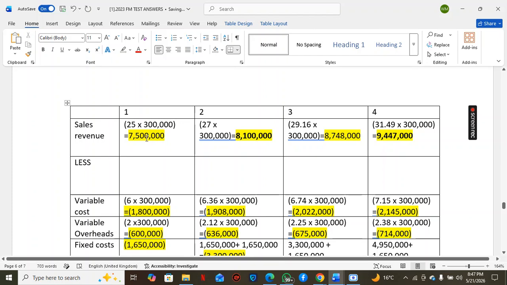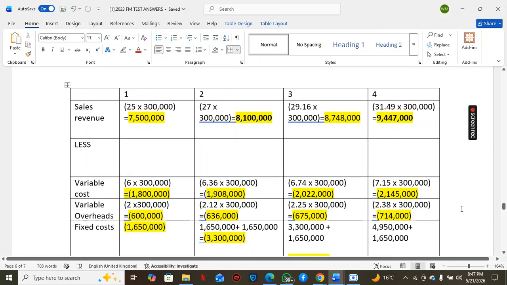After we get the sales revenue, we need to deduct our variable costs. Remember, variable cost is 6 kwacha per unit in year one.